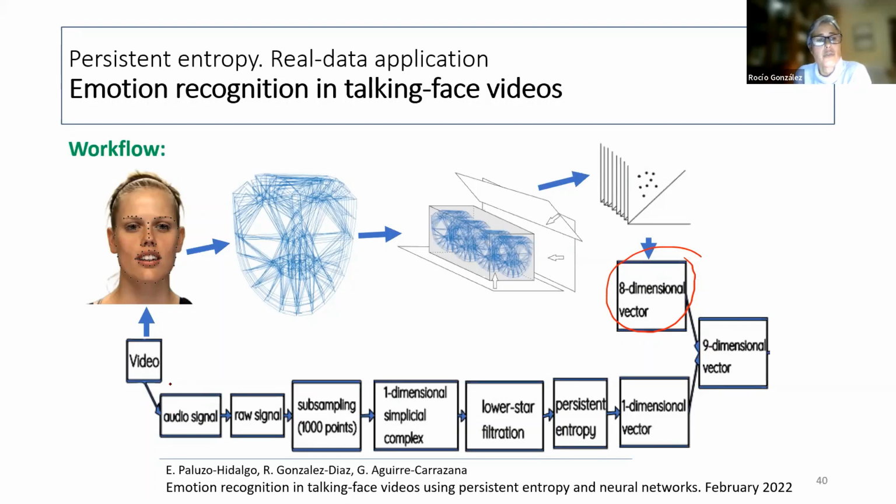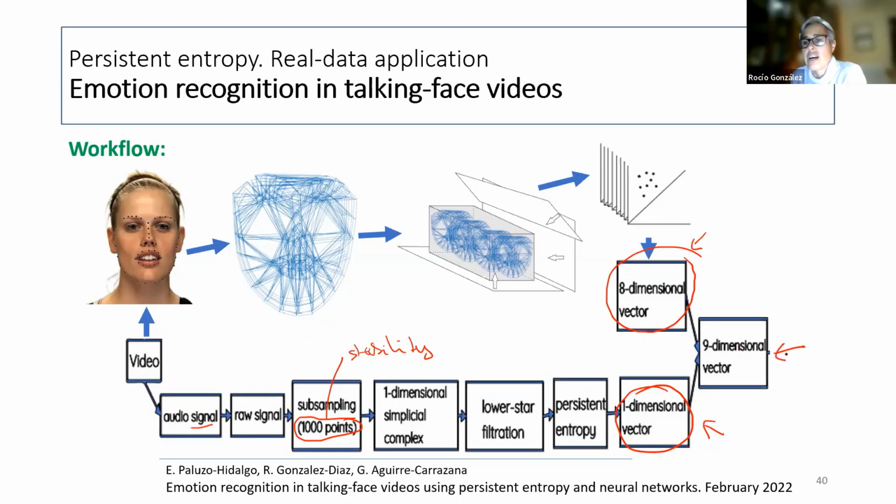And from the video, we do something similar. We consider the audio signal. We take exactly 1,000 points. This is for the sake of stability. We need to always consider the same number of points. And then we use the lower star filtration. We compute the persistent entropy, and we have a one-dimensional vector. So we have an 8-dimensional vector from the image sequence and a one-dimensional vector from the audio.